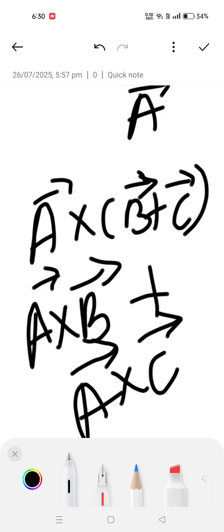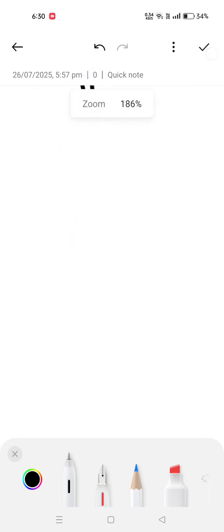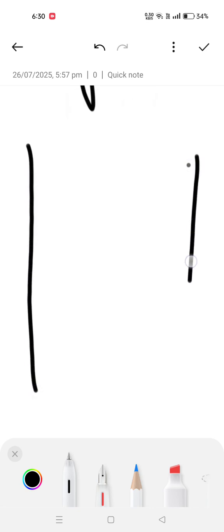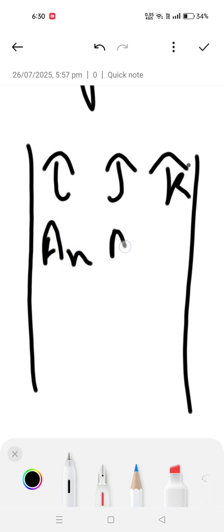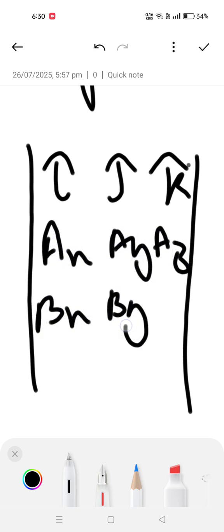next we have how we actually calculate the cross product, for which we use the determinant method. We write, supposingly, A as Ax i cap, Ay j cap, Az k cap, and similarly B, so we will write Ax Ay Az, Bx By Bz. Okay, what we do, we write this.